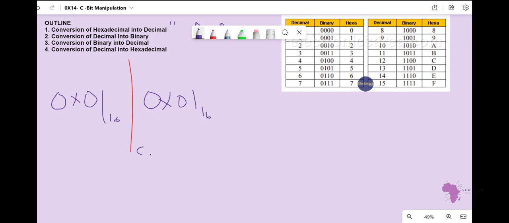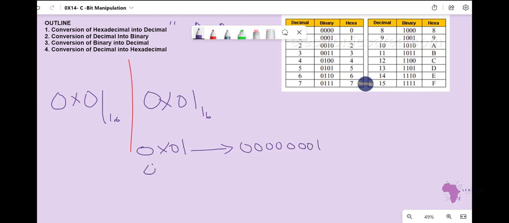So the binary of 0x01 is equivalent to 0, 0, 0, 0, 0, 0, 0, 1.